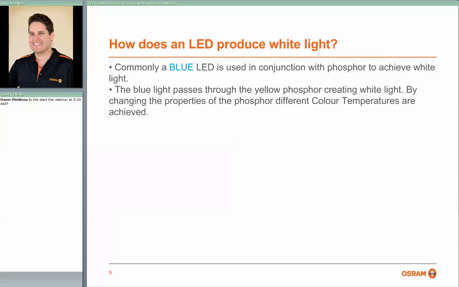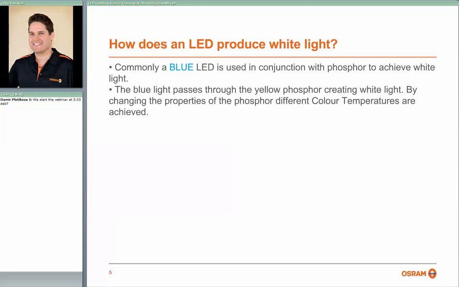One of the most common ways to produce LEDs is to use a blue LED chip and basically use phosphor on top of it to create white light. That's actually not very uncommon in the way that it works from traditional technologies.